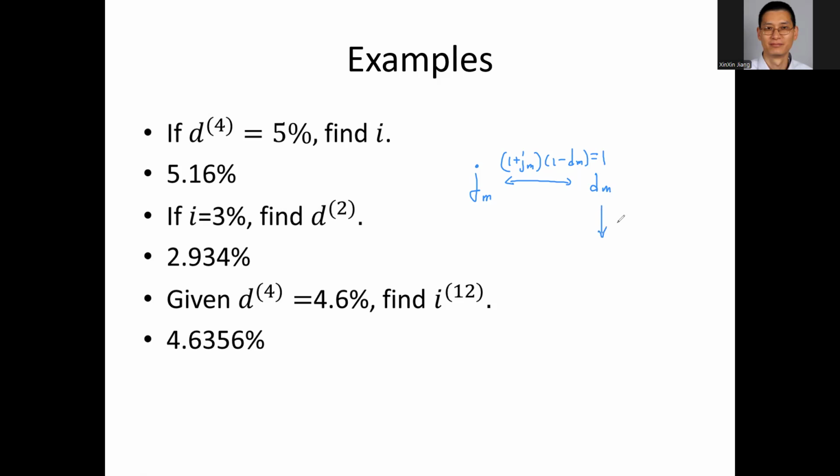And you multiply by m, you would get the nominal rate. And you multiply by m, you would get the nominal interest rate. Obviously, you divide this by m to get the effective interest rate per time period. Similarly, you divide by m from the nominal rate to get the effective rate.